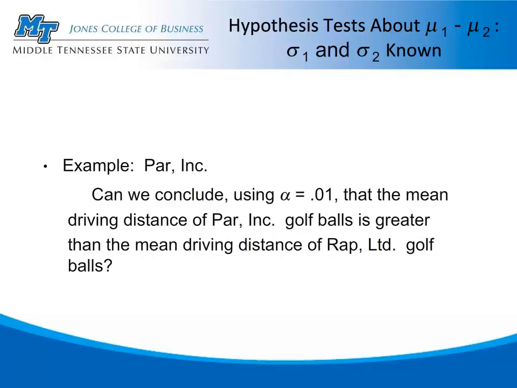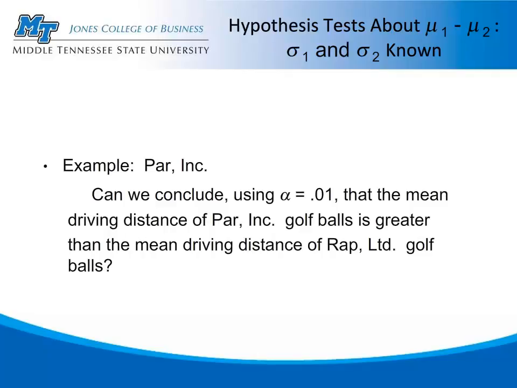Mu sub 2 is the population mean for the wrap. We're trying to show that the mean driving distance for par is greater than it is for wrap. So when we take mu sub 1 minus mu sub 2, we're trying to show that that's positive, that that's greater than 0. The value against which we're comparing is 0.